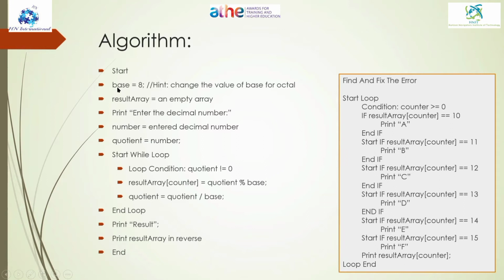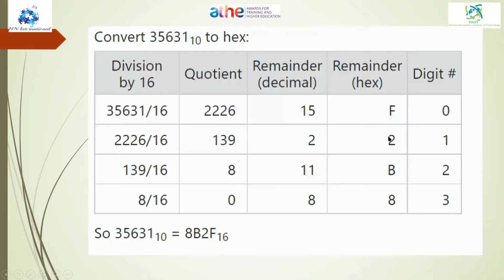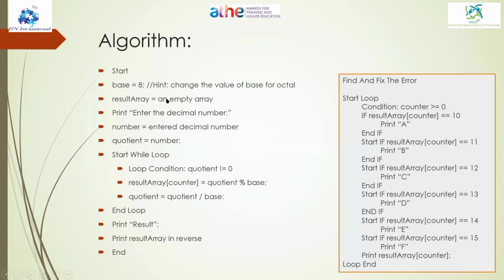See here, first of all, we need a variable in which we store the base. We were getting some result, and we need to store that result somewhere. So we need an array for that, because we're not getting all of the remainders at once. We keep appending the results we're getting to the array.